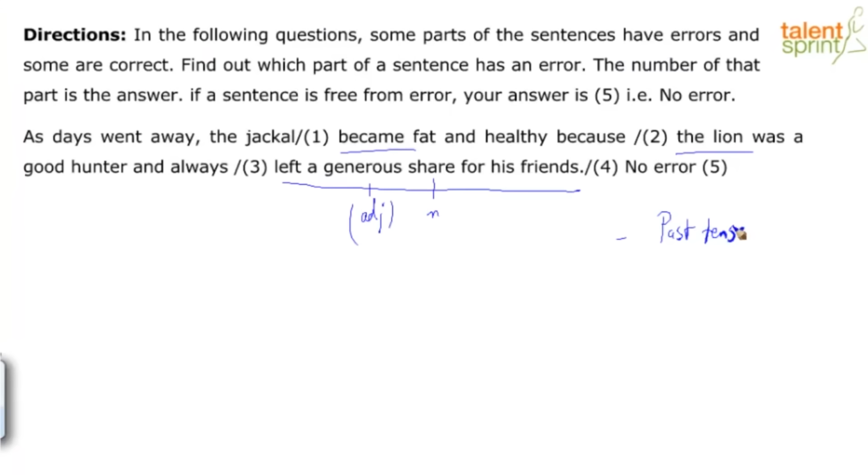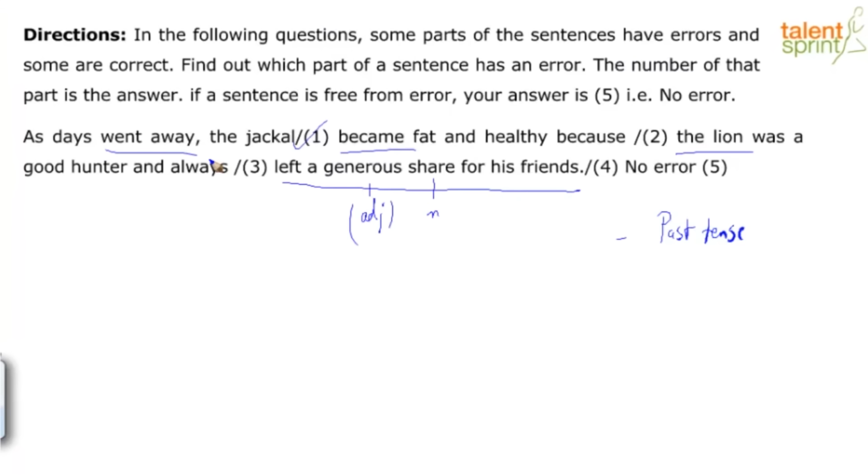The error, however, is in part 1, right? Those of you who said part 1, you're correct. Not as days went away. The context is telling me as days passed by, right? So, as the days progressed, the jackal became fat and healthy.